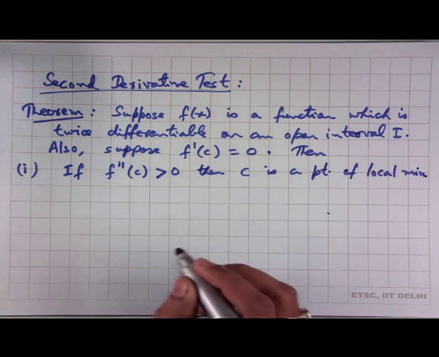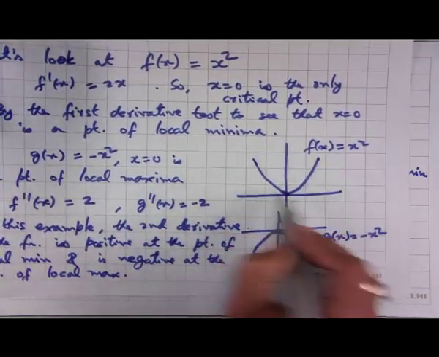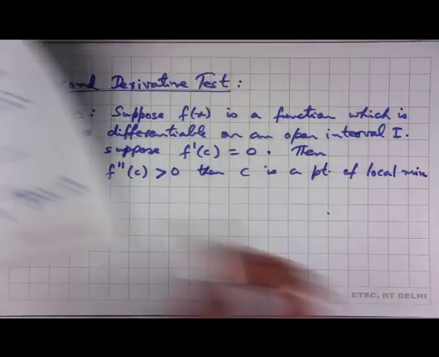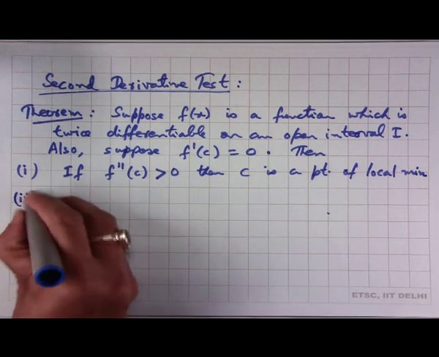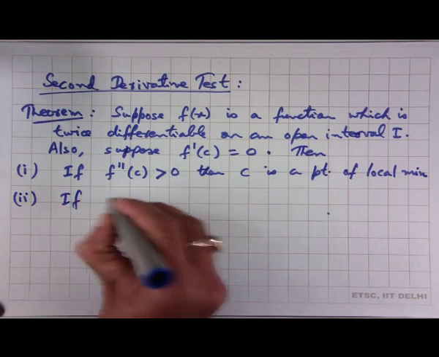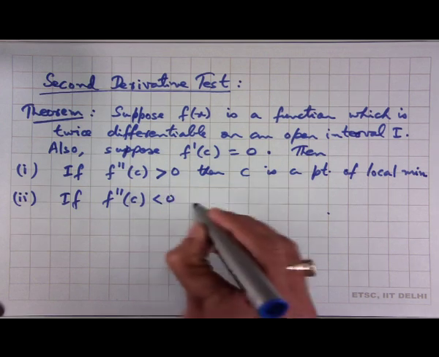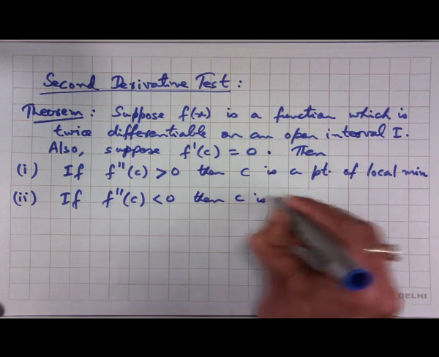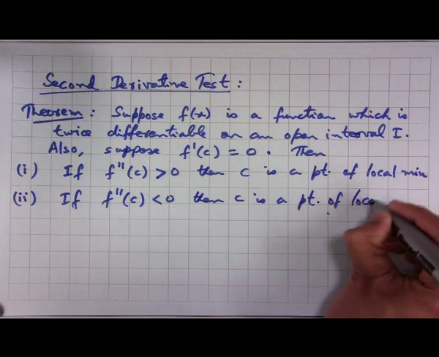This we have seen in this example, that f x equal to x square, the second derivative is positive at 0 and this is a point of local minima. Second thing is that if the second derivative is negative at c, then c is a point of local maxima.